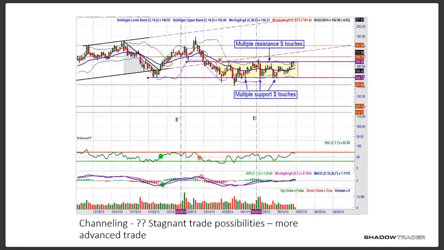Then the stock decided just to grind to the top, to the bottom, to the top, to the bottom, to the top. All right, which way is it going to go? Multiple touches, could break out to the upside, could go right back down. We don't do these trades in the beginning option trades, but there are ways to play this choppiness.